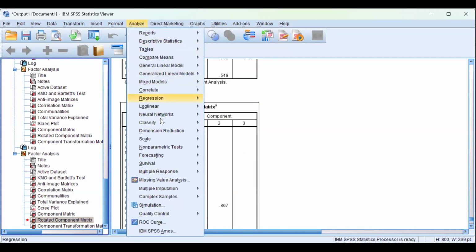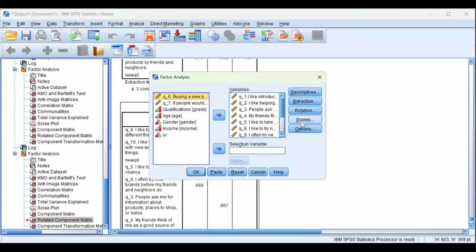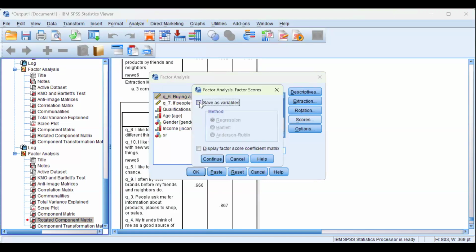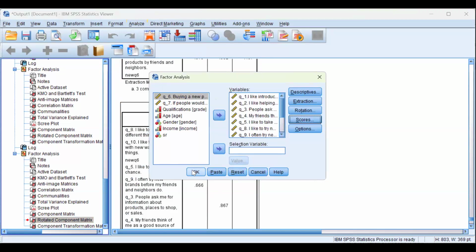So you go to analyze now. You have finalized your structure in the rotated component matrix. Now you go to factor, and I had left this option, scores. You go to the scores option and save them as variables. The method you need to adopt is Anderson-Rubin, and you display the factor score coefficient matrix, continue, and say okay.